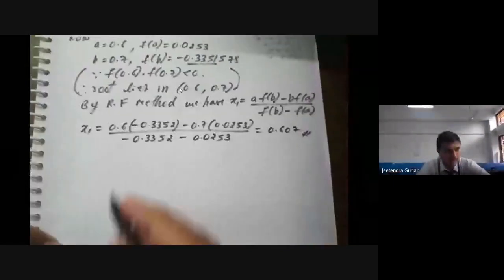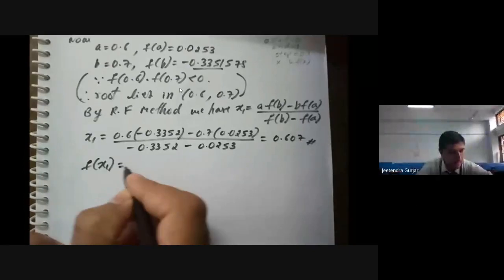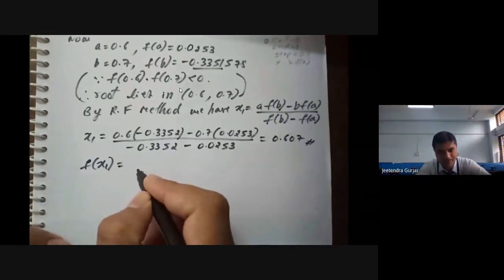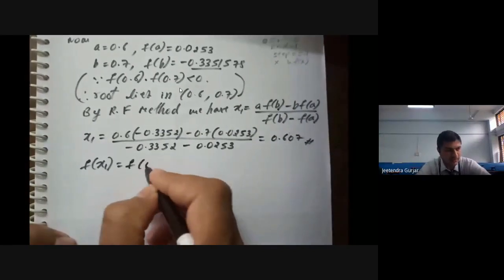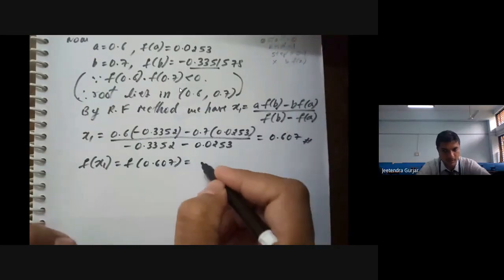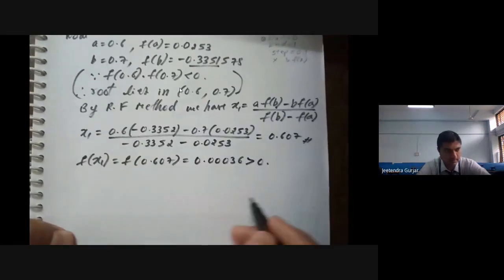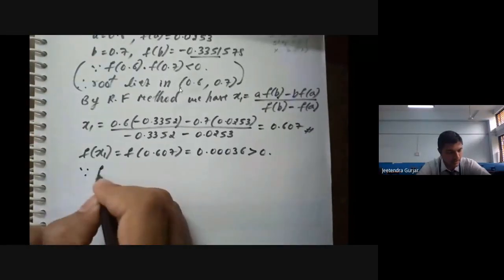So again you have to find what is f of x1. Tell me what is the value of f of x1. Yes, Rashmi, you got the answer. Muzammil and Aditya also got the correct answer. Anita has solved. f of x1 is equal to f of 0.607, which is 0.00036, greater than 0. And this will become our b.